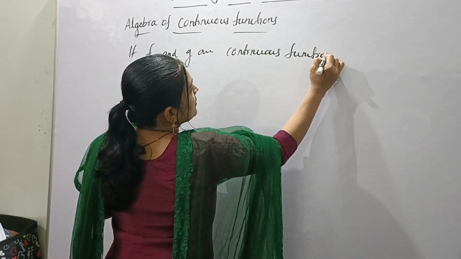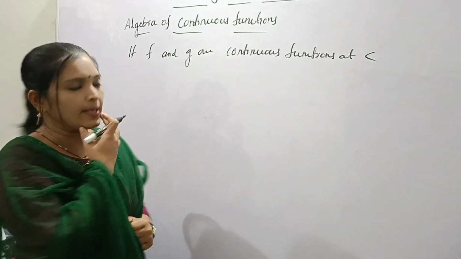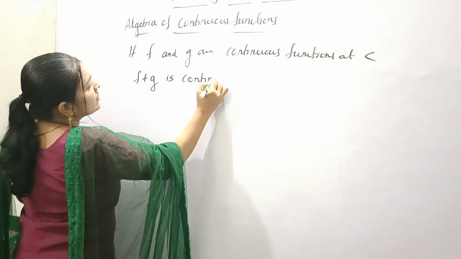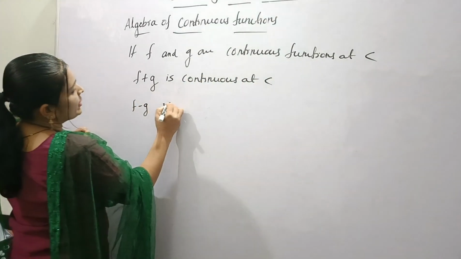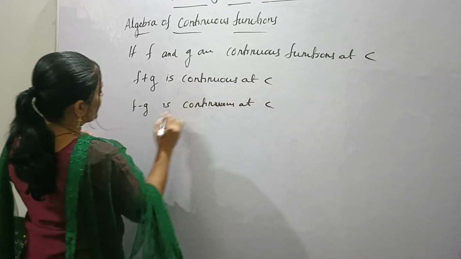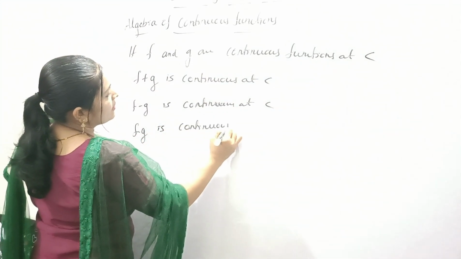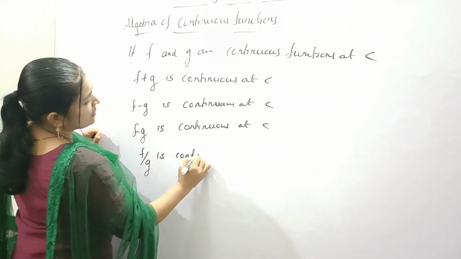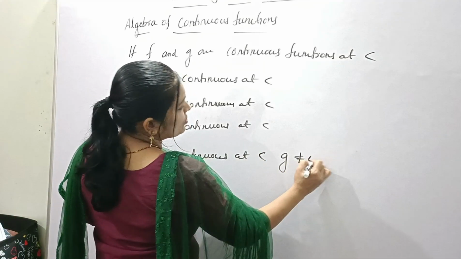If f and g are continuous functions at C, then f plus g is continuous at C, f minus g is continuous at C, f into g is continuous at C, and f divided by g is also continuous at C, where g of x is not equal to 0.